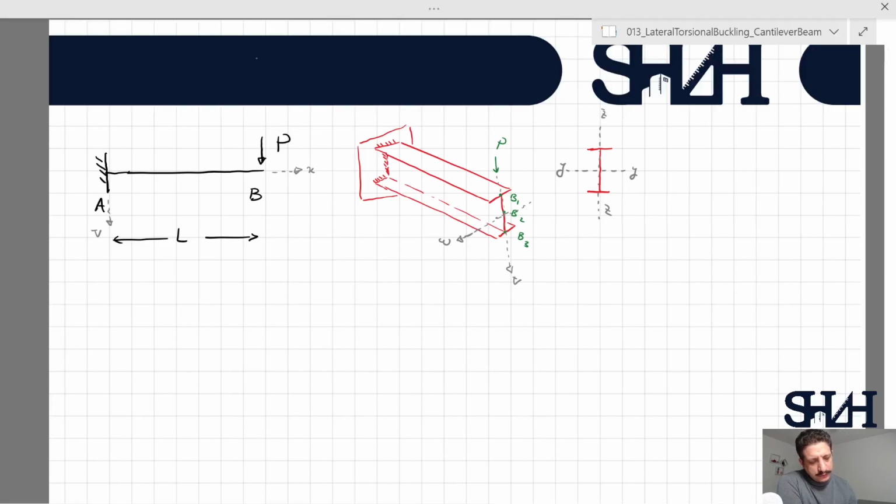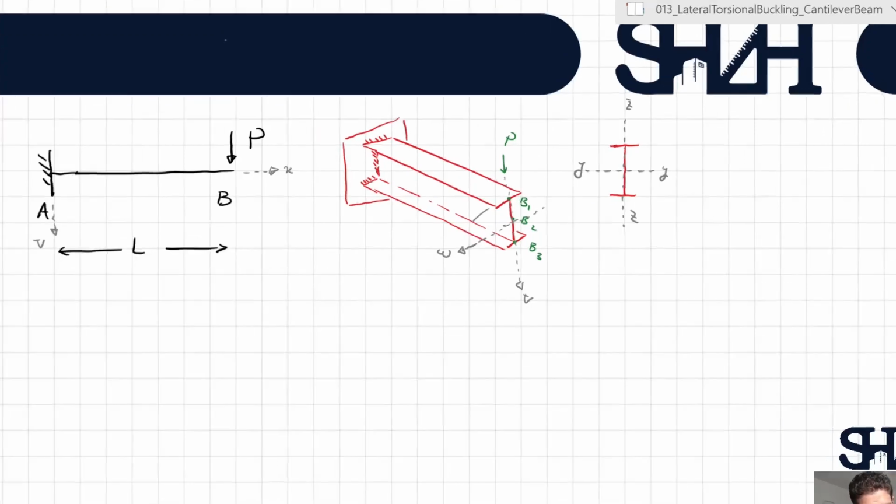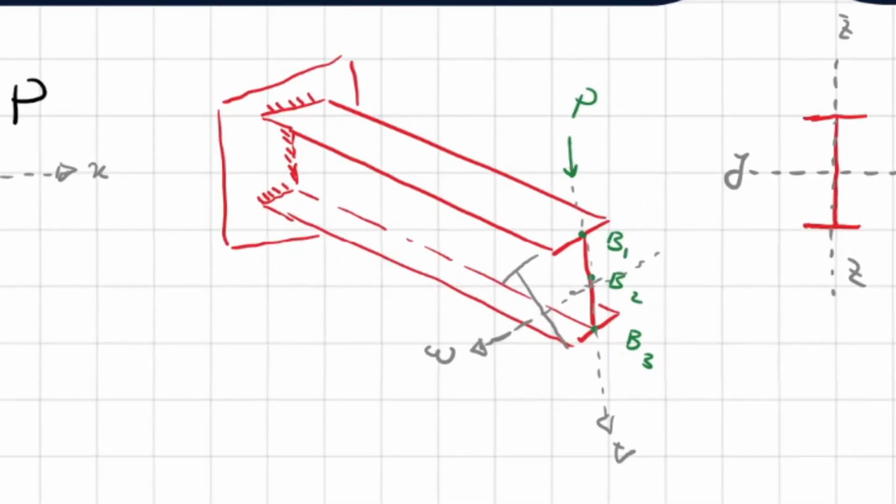What would happen if we look at the 3D view? We have two options. It can shift laterally or bend laterally, and it can also rotate longitudinally, which is called torsion. In that case, we might have this type of deformation.